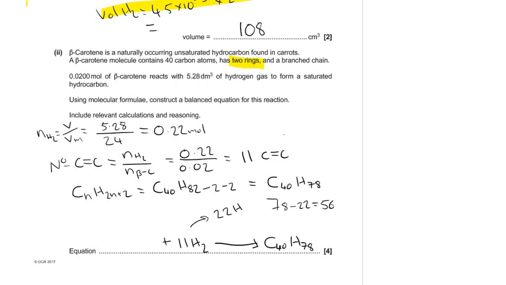The number of carbons won't have changed, and therefore I know that beta-carotene is going to have the molecular formula C40H56. And if we check that this balances quickly, we see that we've got 40 carbons on this side, 40 carbons on this side. We've got 56 plus 22 hydrogens here, so that's 78. And we have 78 hydrogens over here.